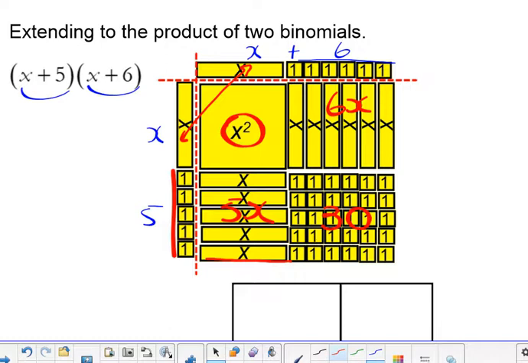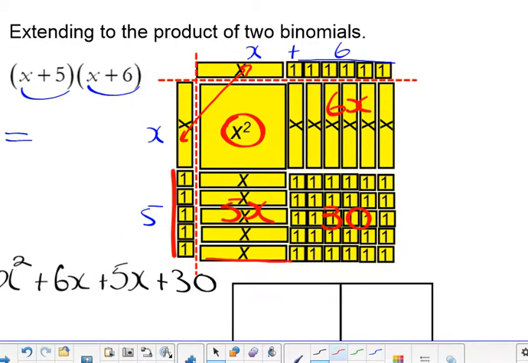So if we look at this product here, the word that we can use is expand. Well, we've got, first of all, the x squared, don't we? And then we've got plus 6x's, and plus 5x's, and let's just bring this down here, then we've got the 30 units.